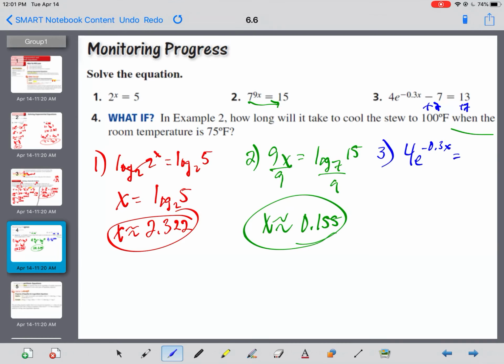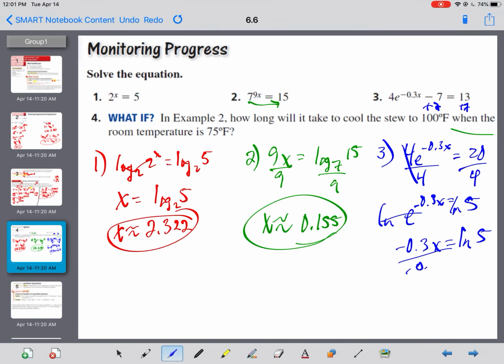Lots of things to do. I'm going to add 7 first. So we've got 4e to the negative 0.3x equals 20. Divide by 4. e to the negative 0.3x equals 5. I'm going to ln both sides. It gets rid of that. Negative 0.3x equals ln of 5.